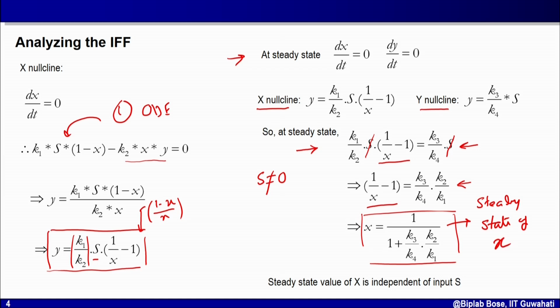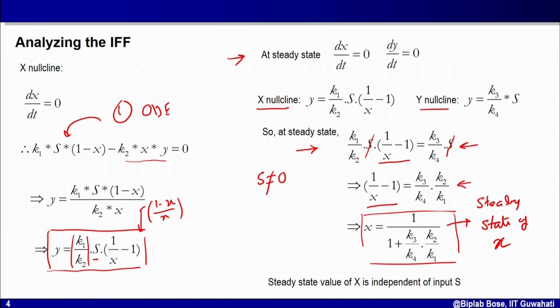Note one interesting thing in this steady state value of x. It does not have y, obviously, and that is obvious because we are separating out y and x, but it also does not have s, the input signal. That means irrespective of the value of s, the steady state value of x will remain the same.